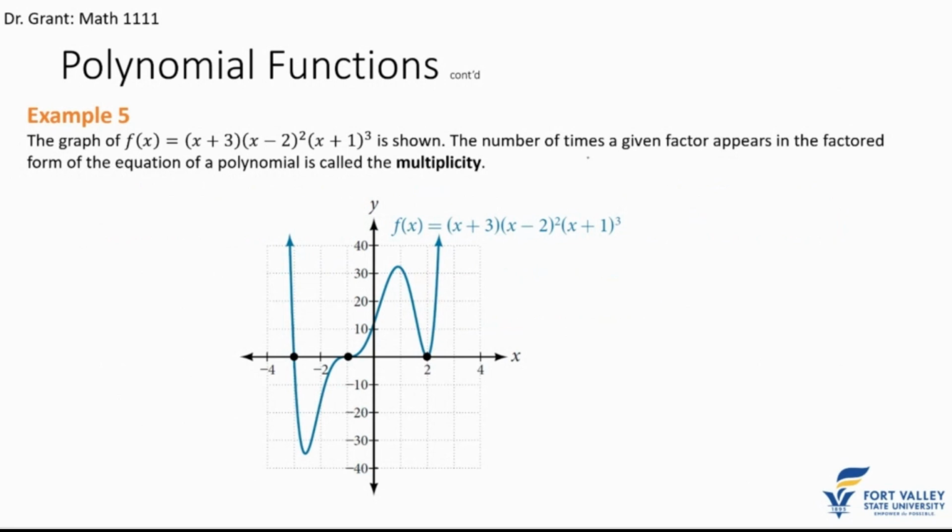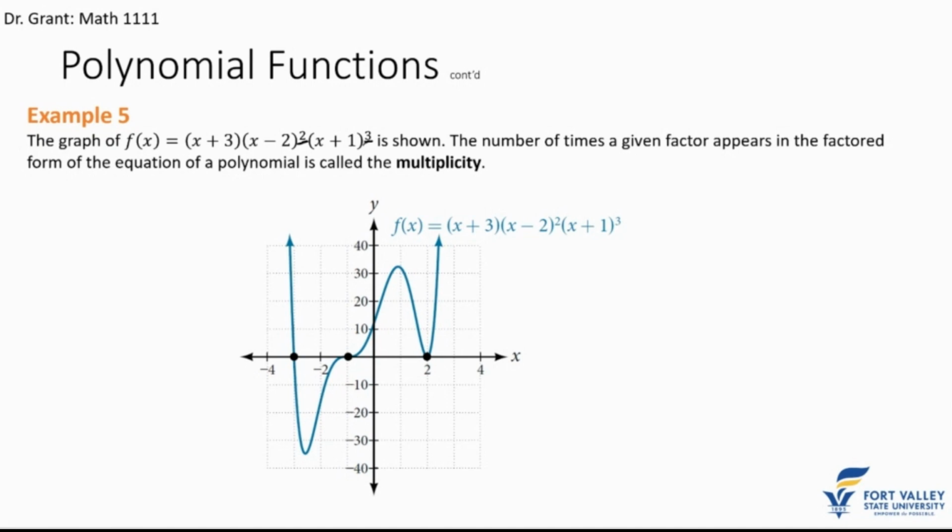So for instance, here you see this has a 2, or a square. That means we have a multiplicity of 2. Here we see raised to the 3rd power. This means we have a multiplicity of 3.